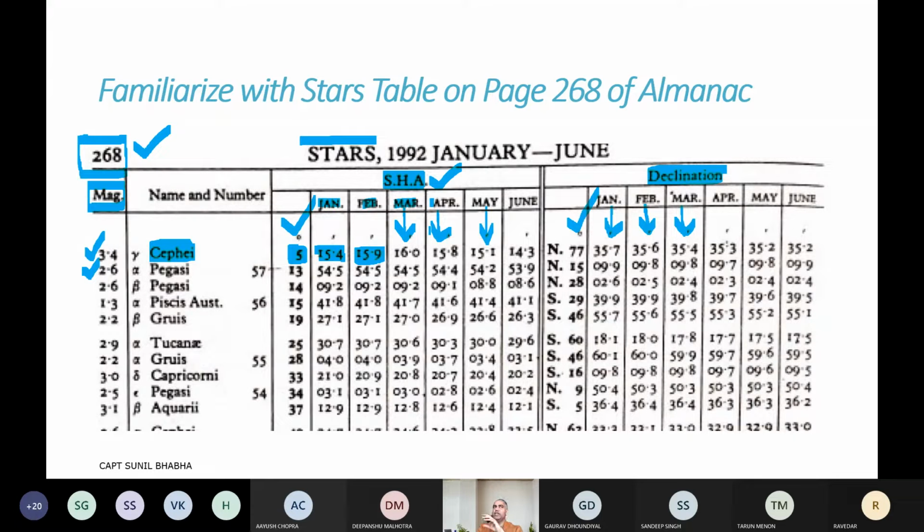The value of SHA and declination will be picked up from the respective month in which the sight is being taken, but the name is always picked up from the right side page of the table. English names are what we use for our examination purpose. Okay, so that's page number 268 of the almanac.